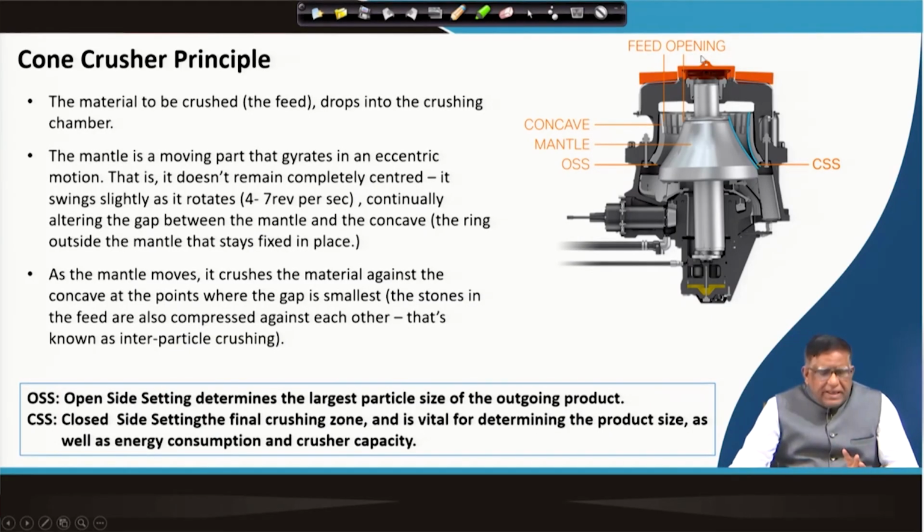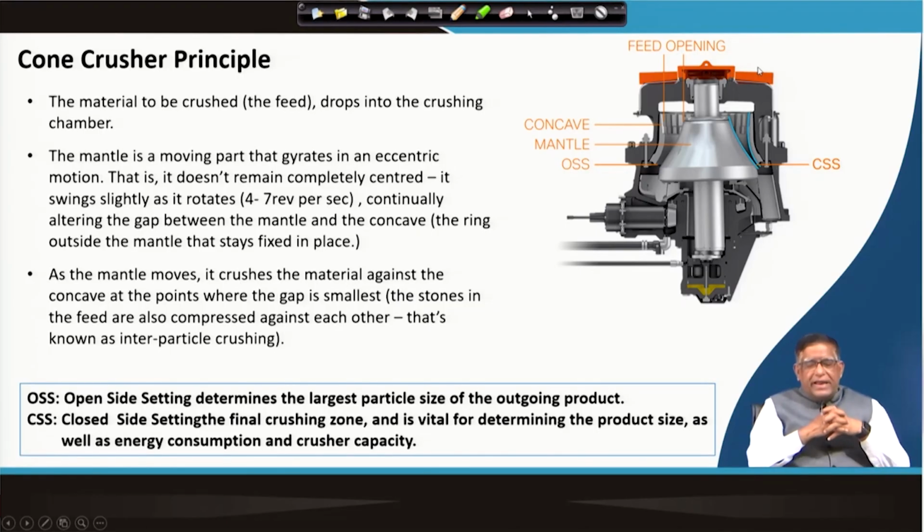So, here the mantle is the moving part and gyrates in an eccentric motion, just like the gyratory crusher. That is, it does not remain completely centered. Eccentric means it is not always staying in the center. That is why the gap between the mantle and the concave keeps varying, and that allows your bigger size particles to go down when the gate is getting open.